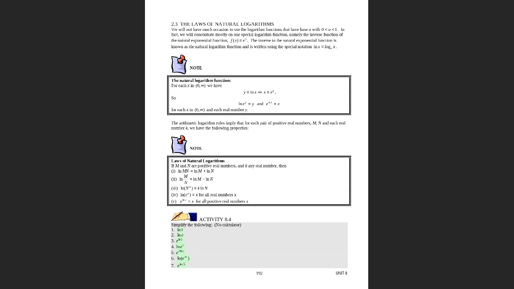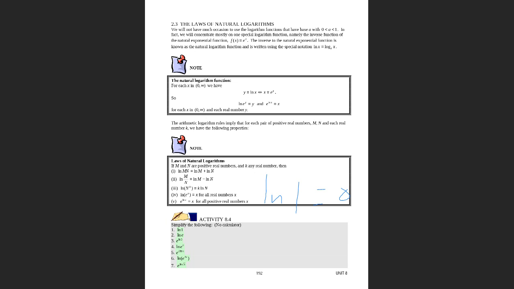You must make yourself conversant with the laws of logarithms, which are no different from the laws of natural logarithms. For the first one, without using a calculator, what is ln 1? ln 1 will simply be 0. Why?